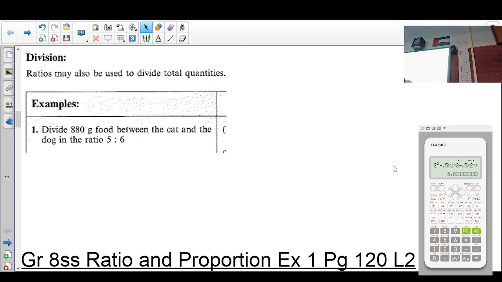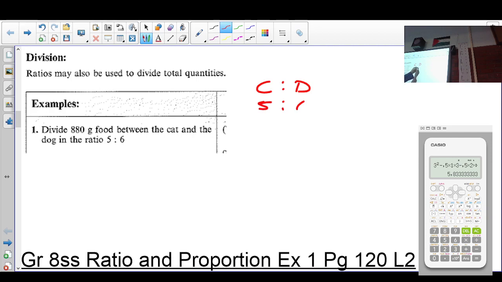So what we know here is that the cat is to the dog as 5:6. The first bullet you're going to make is to add the ratios.